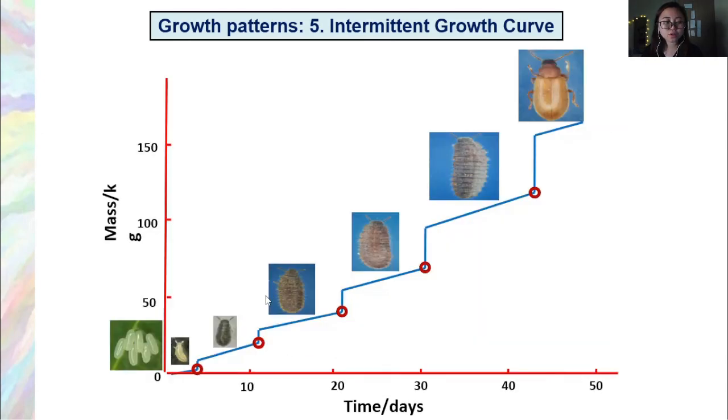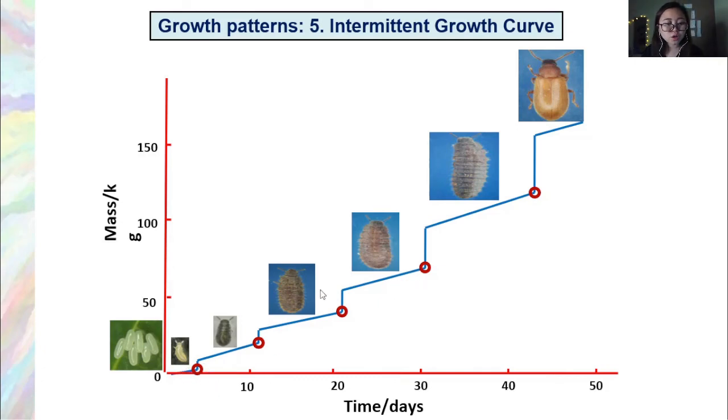Okay, so this is also showing an intermittent growth curve based on mass. This one is showing an organism that is going through metamorphosis. Okay, so it starts out with eggs. When it's eggs, we don't really measure the weight, and it starts out as a little nymph, and goes on and on. Oh, sorry, this is not a larva, this is a nymph.